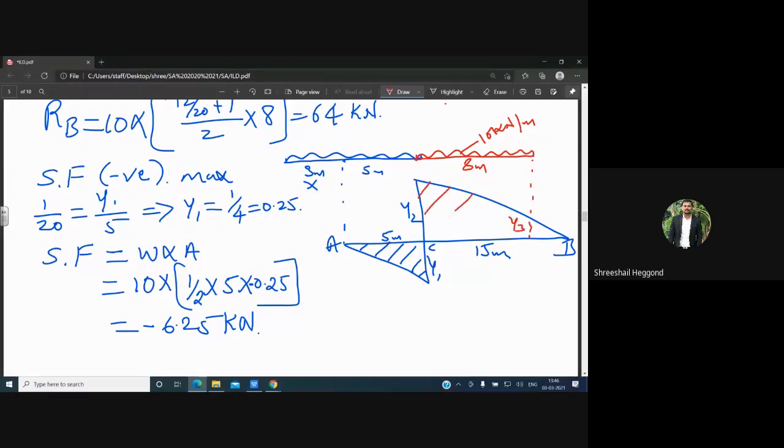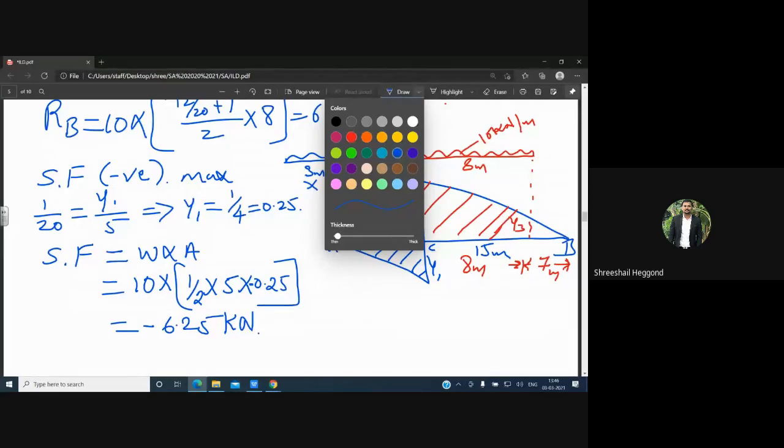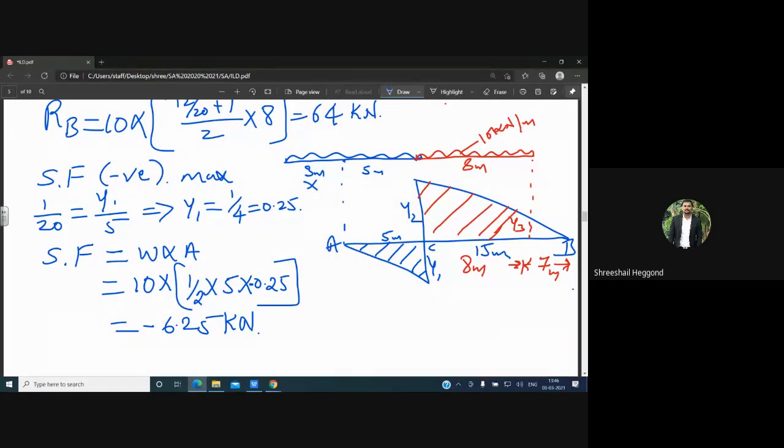You need to calculate this trapezoidal area for a span of 8 meters out of 15 meters. If 8 meter of this 15 meter is going for UDL, the remaining distance will be 15 minus 8, which is 7 meter. Calculate the values of ordinates and then calculate the shear force to the positive side.